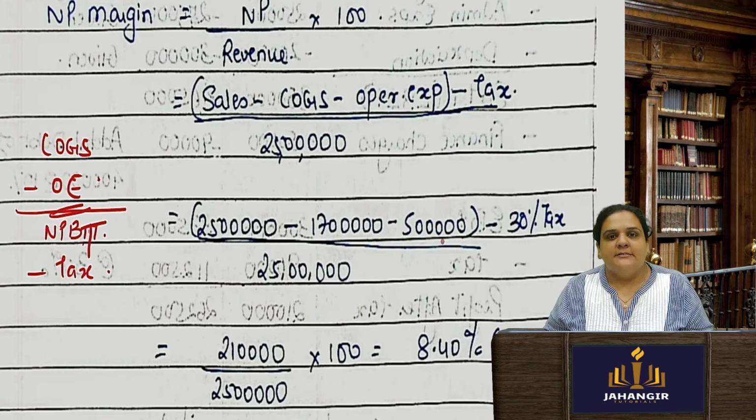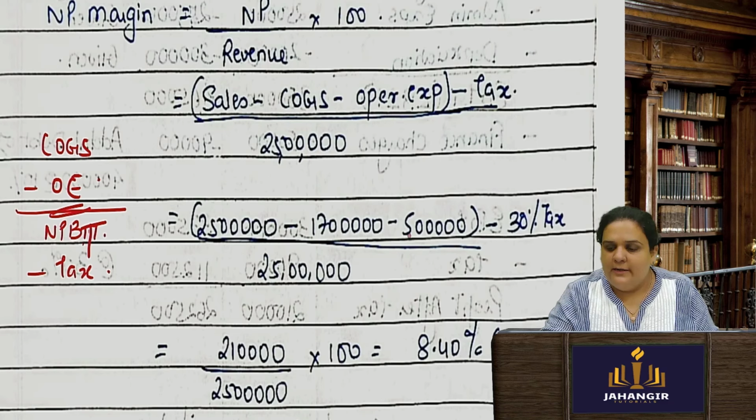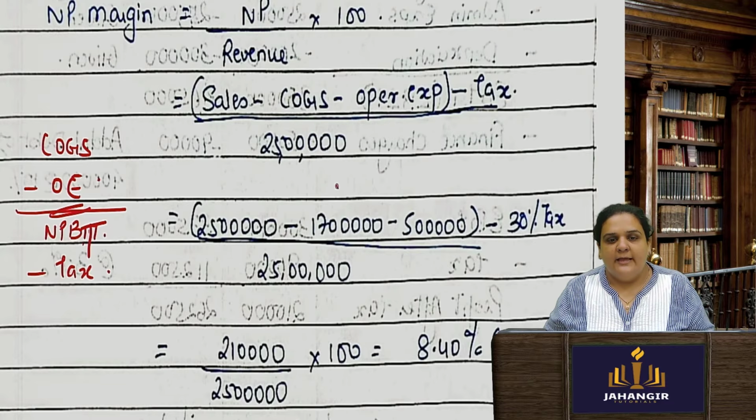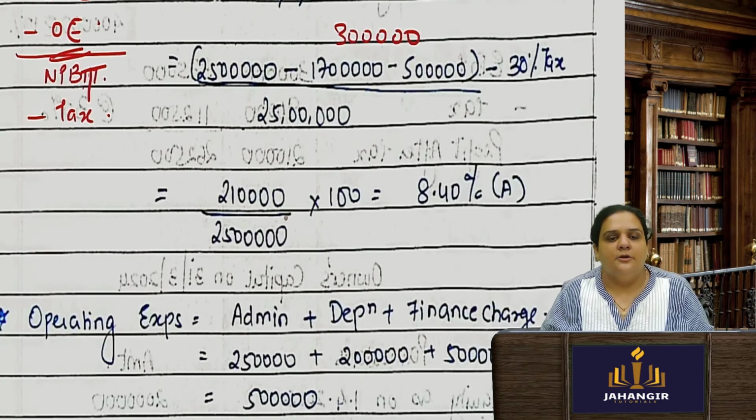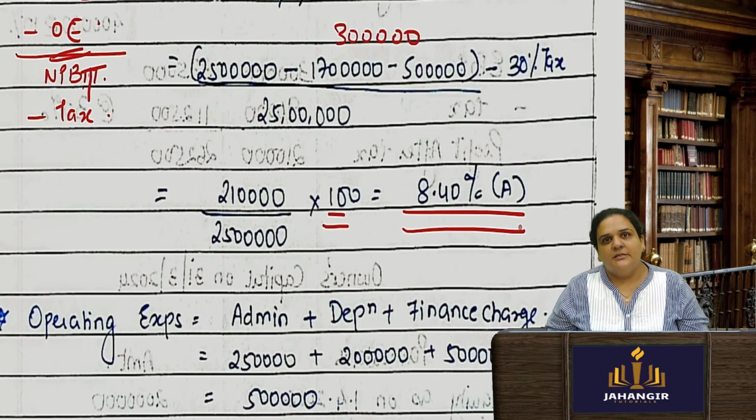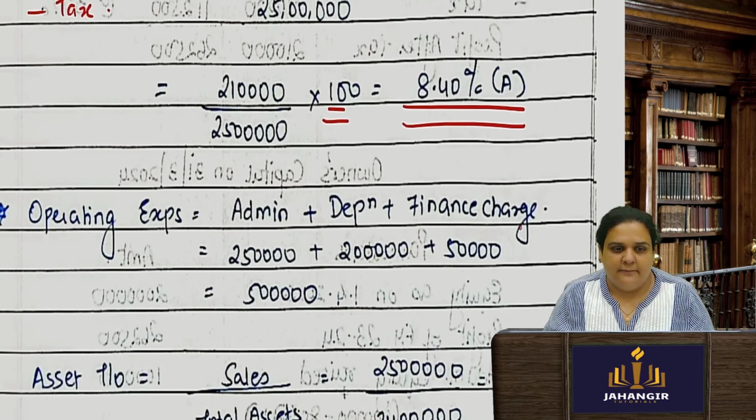Minus tax rate of 30%. So 25 lakhs minus 17 lakhs minus 5 lakhs is 3 lakhs, minus 30%, 2 lakh 10,000, upon 25 lakhs into 100. So your net profit margin is 8.40. That is A.